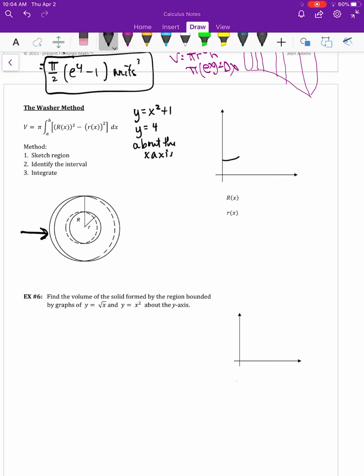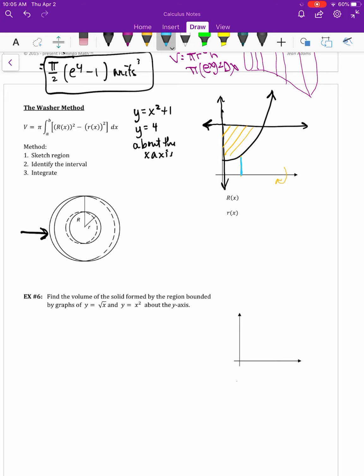Okay, so if I was sketching y equals x squared plus 1 and y equals 4, and of course, we probably would have said and the y-axis, that region also, and then this would have been what we're going to spin about the x-axis. So notice there will be a hole here.